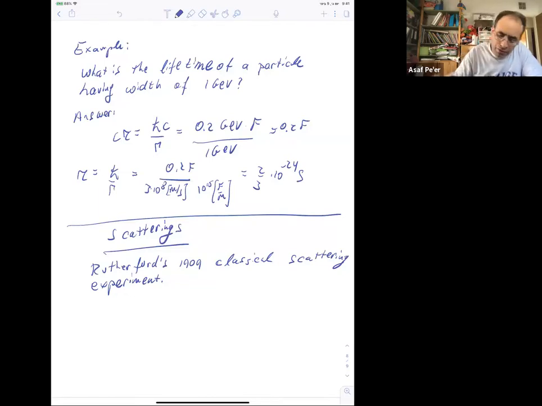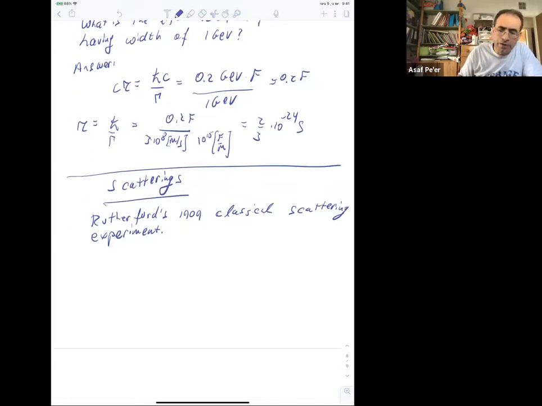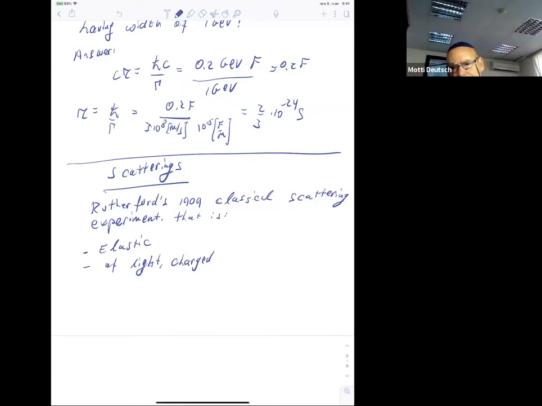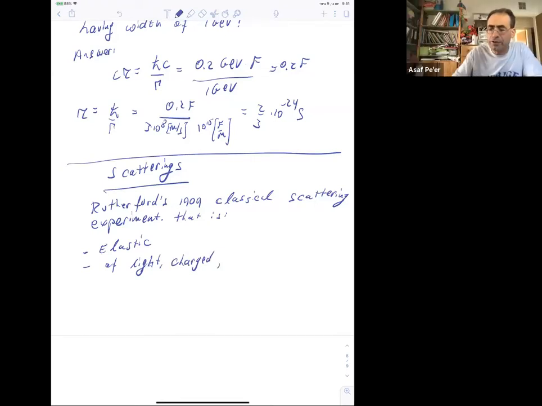In modern days we treat Rutherford's experiment as an elastic scattering of light, charged, point-like particles. Do you know what particles he used? Alpha particles. Alpha particles are nuclei of helium atoms, so it's 2 protons and 2 neutrons. Light, charged, point-like particles.